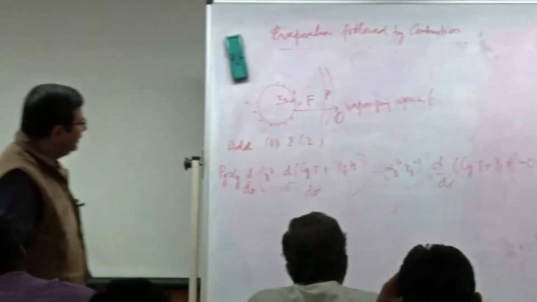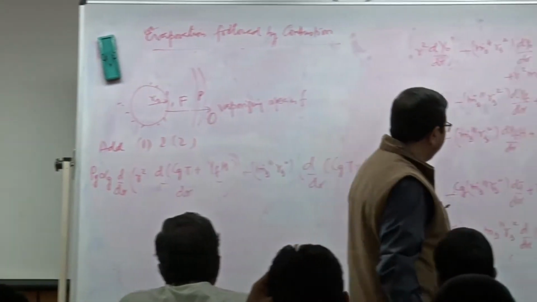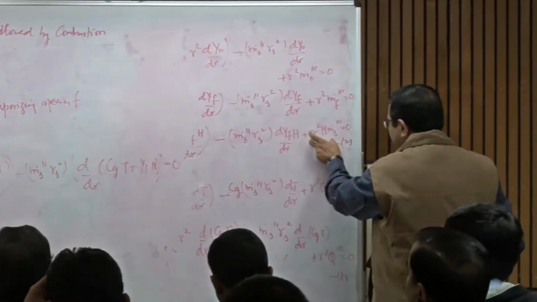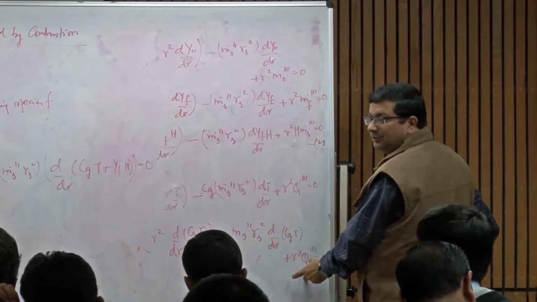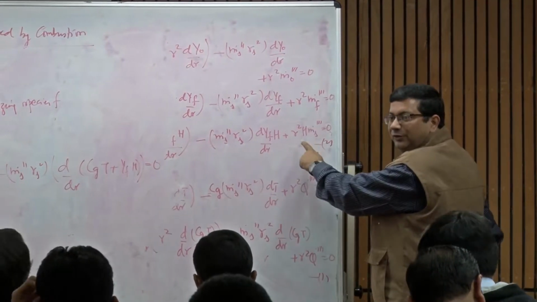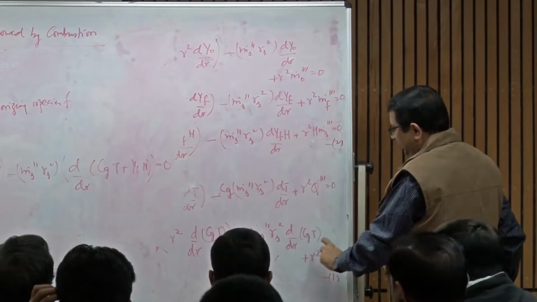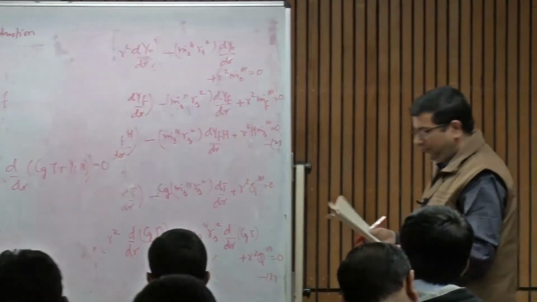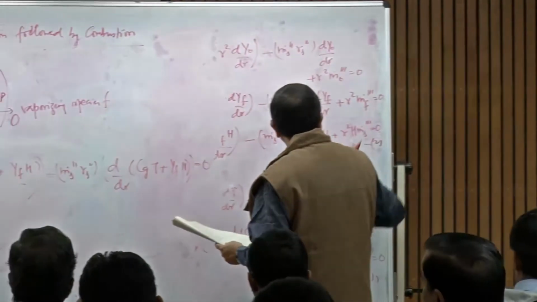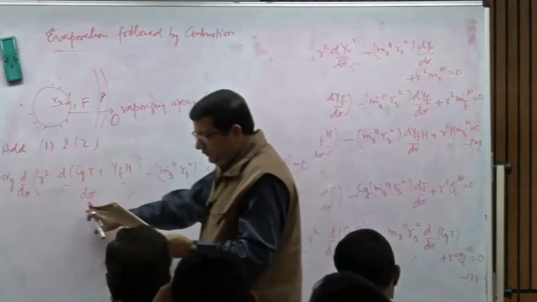Okay. Now, what is happening when we add these two? This is equal to 0, we have already proved, right. This and this plus this is equal to 0, we have already proved. So, therefore, when we add, this term goes away, we are left with only this.